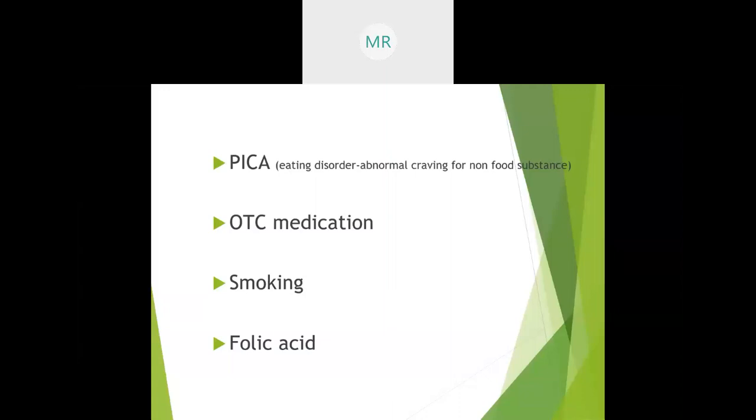And we have over-the-counter medications. The only over-the-counter medication that we should allow any pregnant women to take is prenatal vitamins. Because we need to be careful, these drugs cross the placenta, and women should not take any drugs unless specifically prescribed or approved by the healthcare provider.